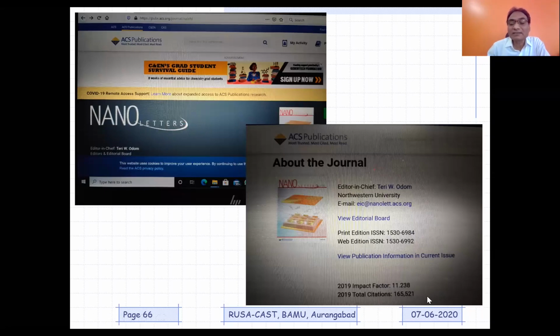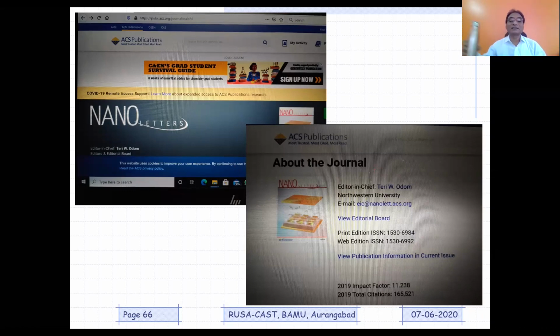You can see here, as far as the citation details are concerned, the 2019 impact factor is 11.2, and total citations received are 1,65,000.